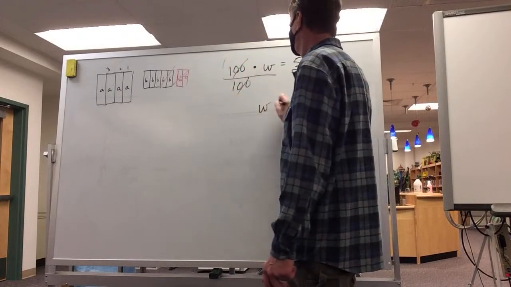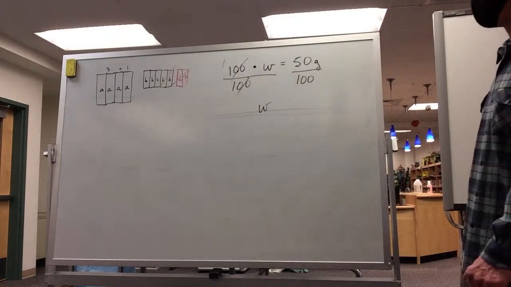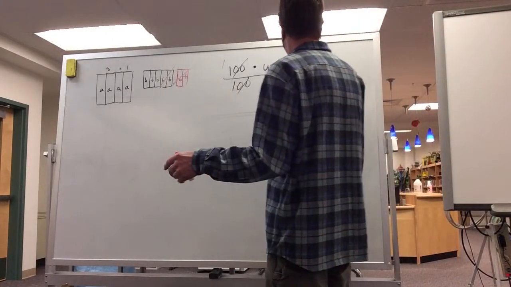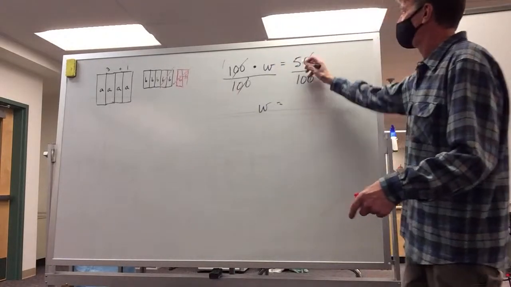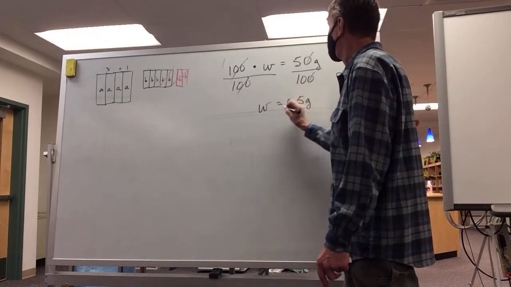And that's how you get yourself to having a W. I did the fraction, like times 1. Okay. So 5 over 10 is the same as 0.5 grams.